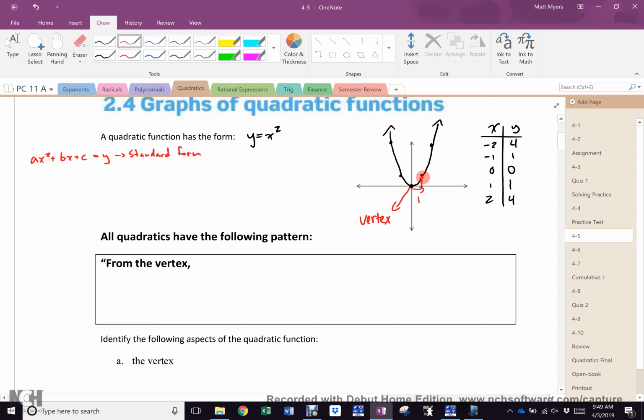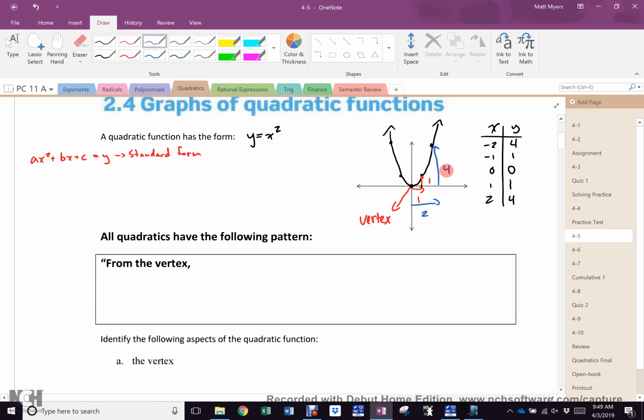And how far up? 1. Everyone agree? I went over 1, up 1, yeah? Now, if it were a straight line, the next point would be over 1, up 1, yes? But it's not a straight line. How far did I go to get to the second point? 2. And how far up did I go? 4.